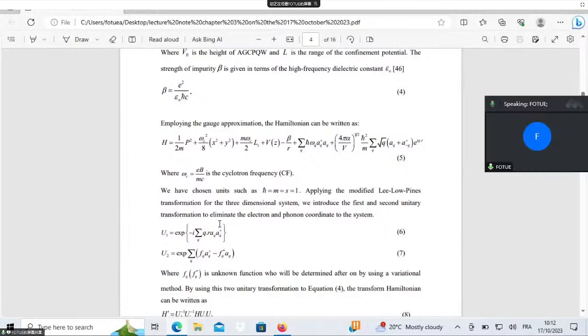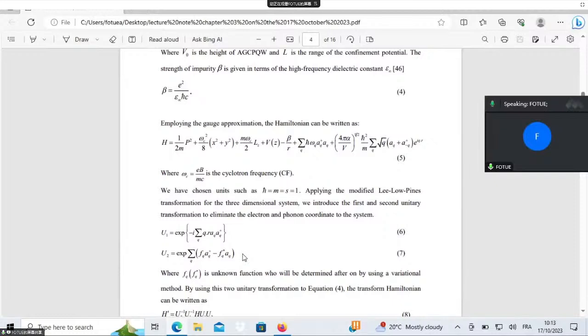The aim of this first unitary transformation is to eliminate the electron position R in the Hamiltonian. And this second unitary transformation U2, which is a function of the variational functions FQ and FQ star, will act as a shift operator, so it will permit us to shift all the operators in equation 5.